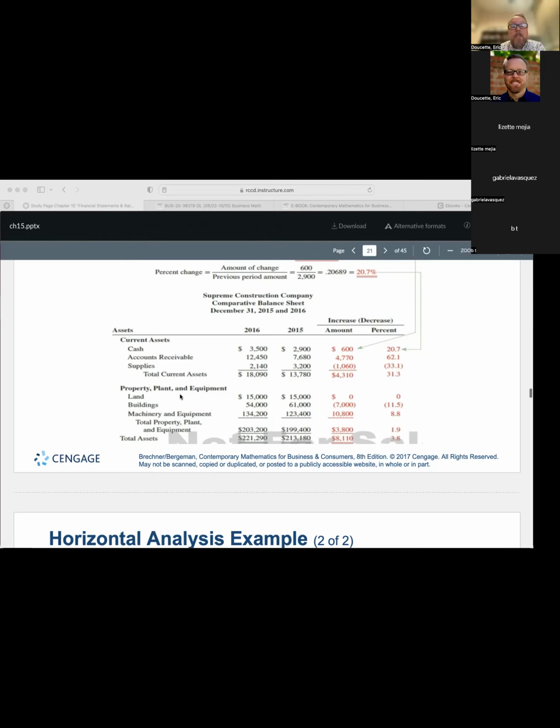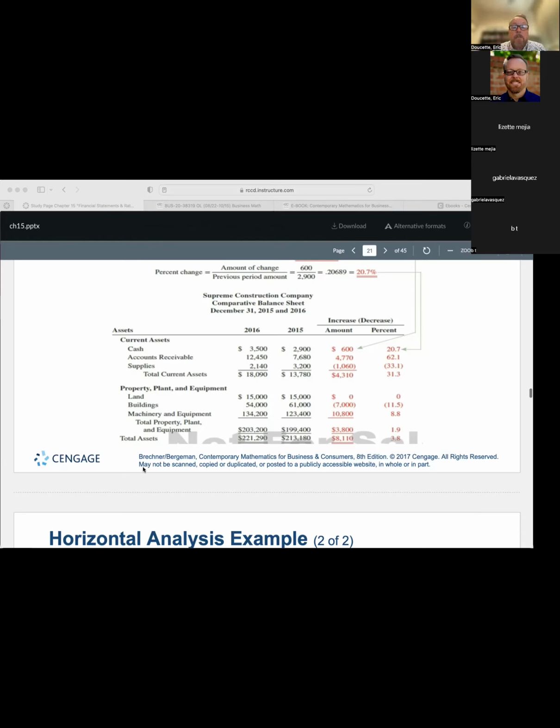Then look at the next one. This is another example of the opposite way. So now we have 3,200 in 2015, but we only had 2,140 in 2016. So again, I'm going to subtract the lower number from the higher number, and that's going to give me a negative in this case. And by the way, whenever it's in parentheses, it means it's a negative number or lower. It's going to be 1,060.